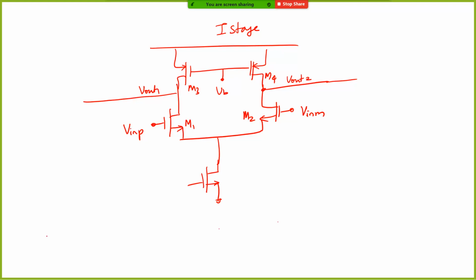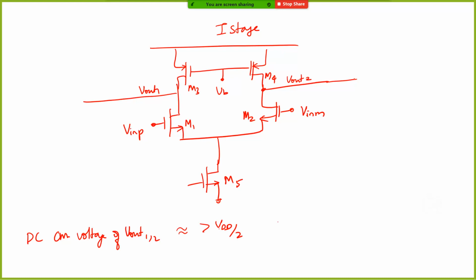Now the DC common mode voltage of Vout1, 2 will be slightly above VDD by 2, because you have 3 transistors now stacked between VDD and ground, right? And let's call this M5, and basically you need M5 and M1, M2 to be in saturation. So obviously Vout will be slightly greater than VDD by 2.